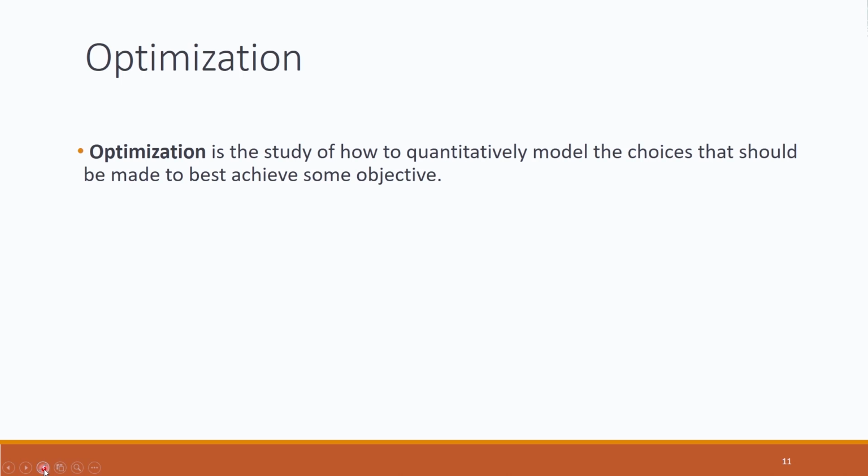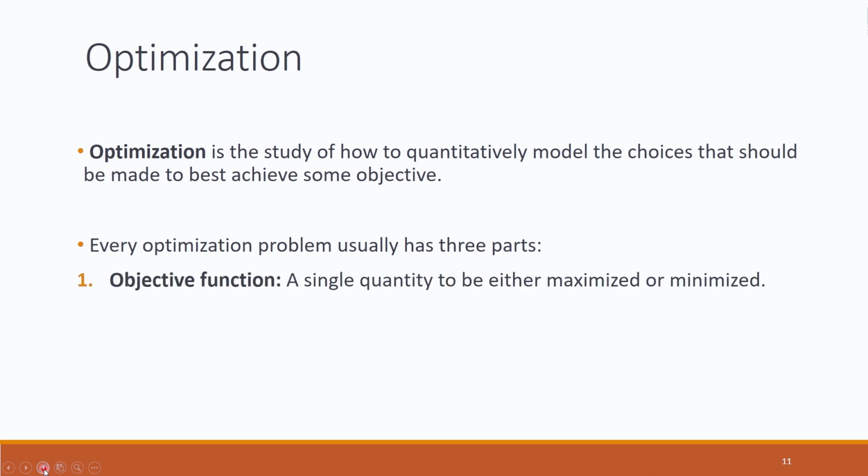Optimization is the study of how to quantitatively model the choices that should be made to best achieve some objective. Every optimization problem will usually have three parts. The first part is the objective function. This is a single quantity that should either be maximized or minimized.